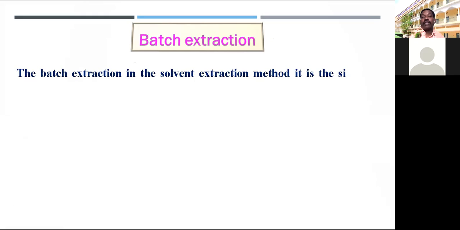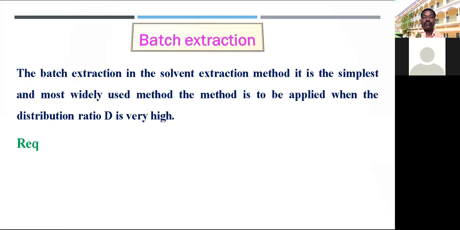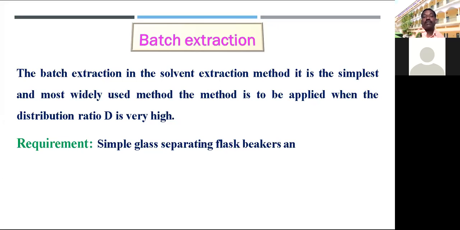The batch extraction method is a solvent extraction method, usually the most widely used technique, applied when the distribution ratio KD is high. Batch extraction requires a separating funnel, beakers and funnels.